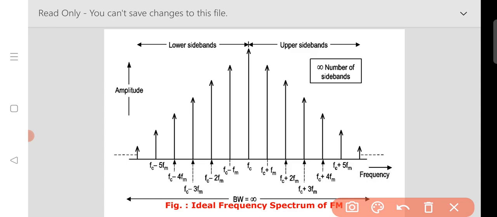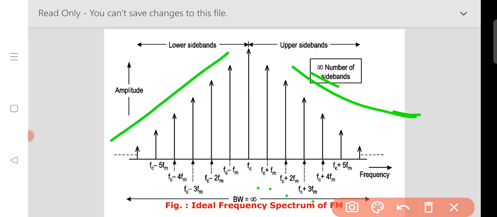The central line is the carrier frequency. The remaining fc plus fm, fc plus 2fm, fc plus 3fm are the upper side bands, an infinite number of side bands. These are the lower side bands. In this way, this is the ideal frequency spectrum of the FM wave.